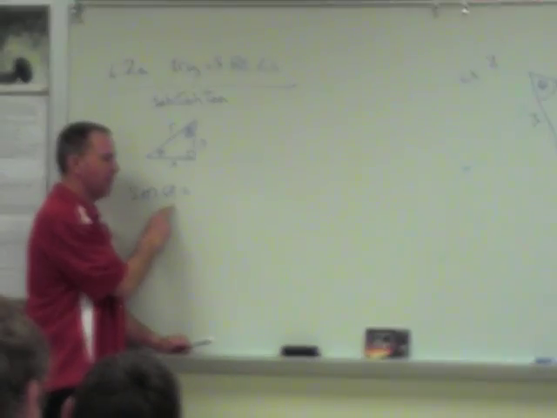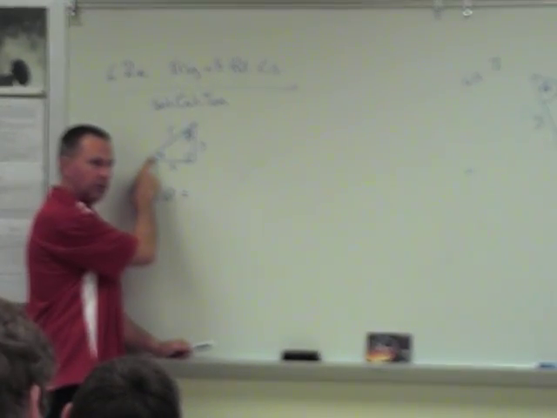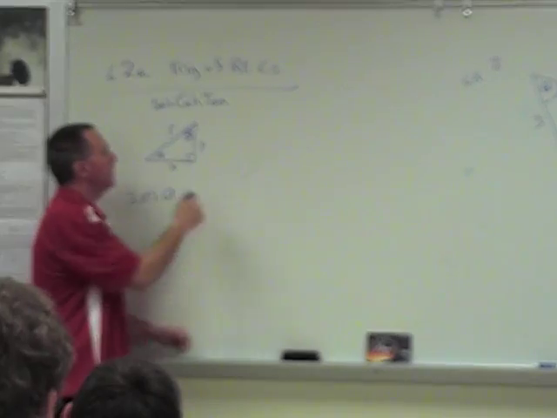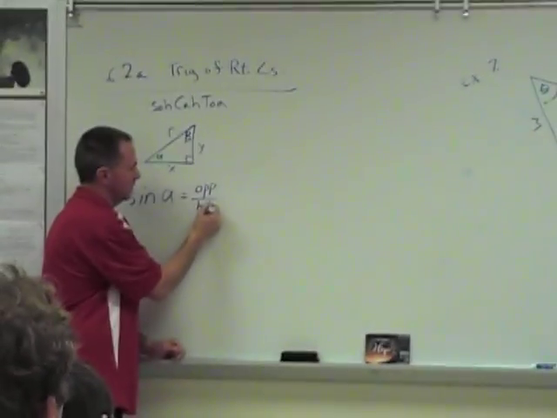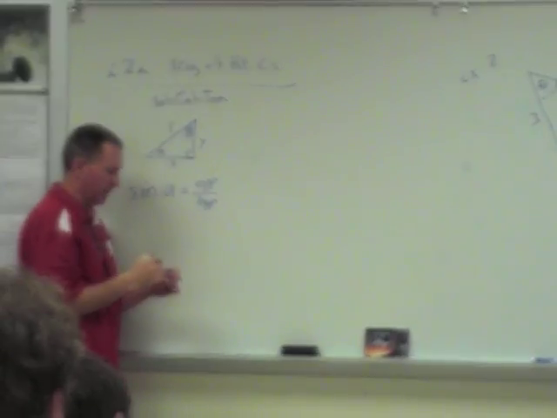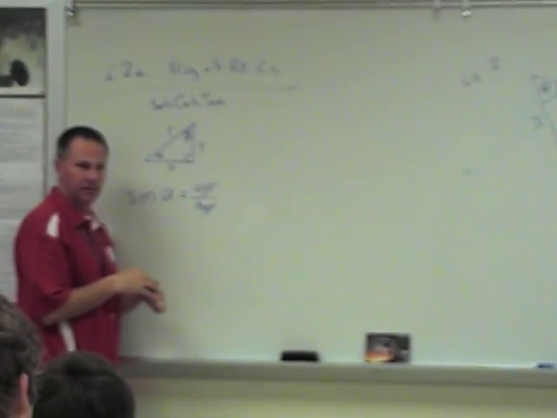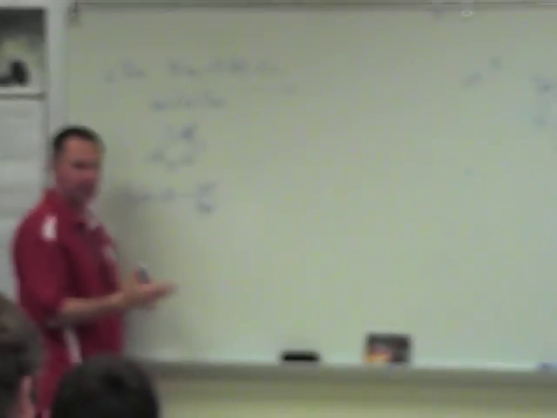If I say the sine of alpha, that means I'm starting at this corner. And that means I want the opposite over the hypotenuse. So the opposite leg. Hypotenuse is not a leg. Okay, you have an adjacent leg or an opposite leg. The hypotenuse is never considered a leg. So the opposite leg over the hypotenuse.